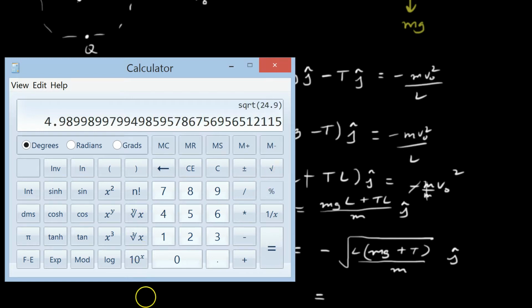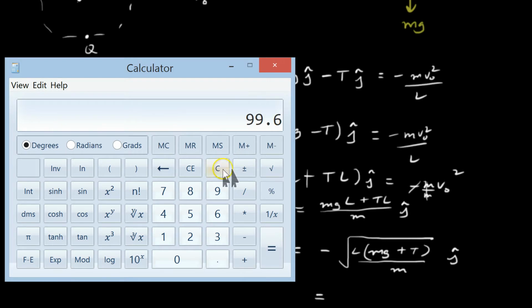Wait, something is not right here. Let's just try that one more time. Yeah, it can't be right because the answer is supposed to be 10.